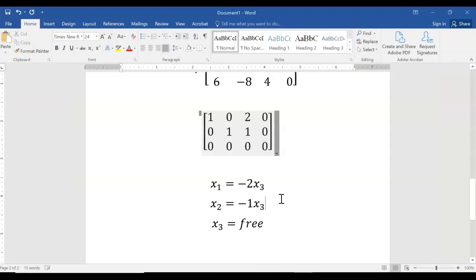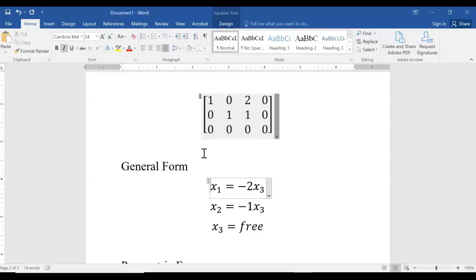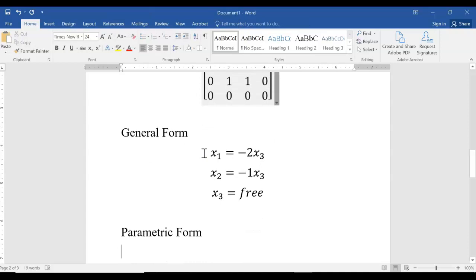So here's the general form. All right, so we have our general form solution right here, and we want to create a vector form.